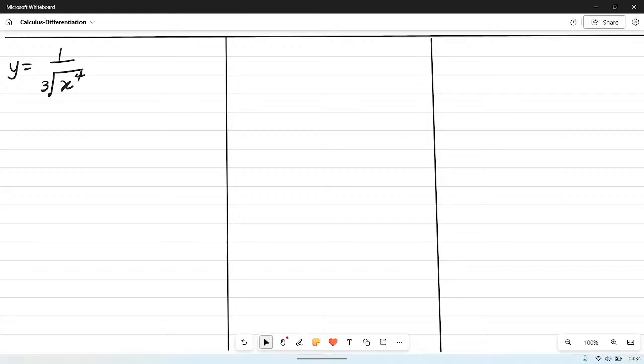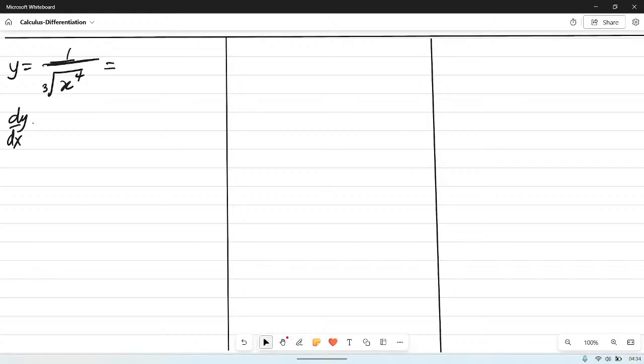This cube root, you have to write it small. Now I need to convert it before differentiation. Now divide the x. It will be difficult to do the divide the x at instant.